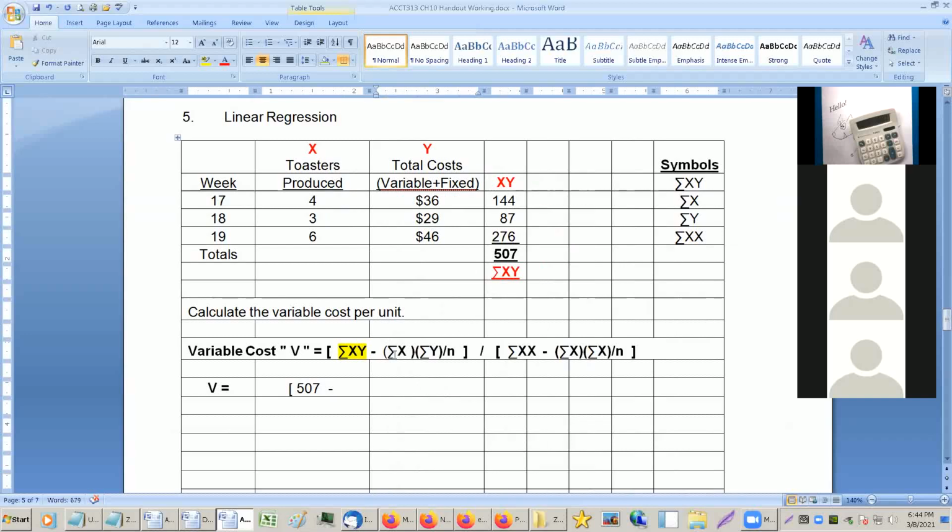Okay, so the next thing we're going to do is take these down here. Okay, sum x. Here's x, and in the parentheses it says sum those up. So 4 plus 3 plus 6, is that 13?